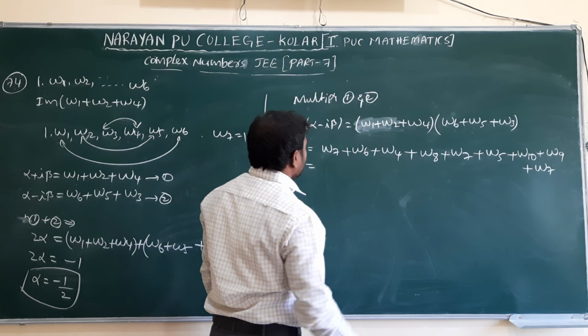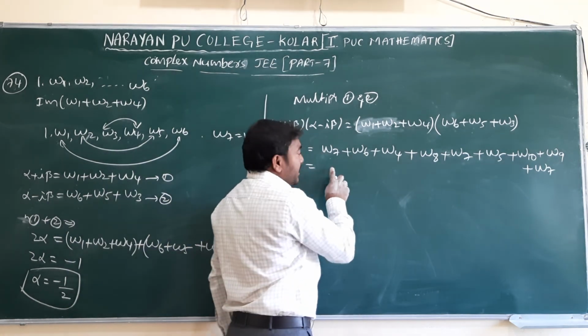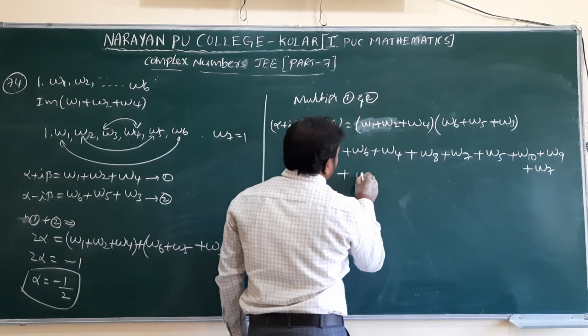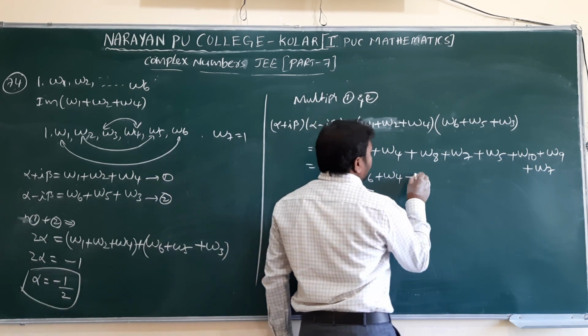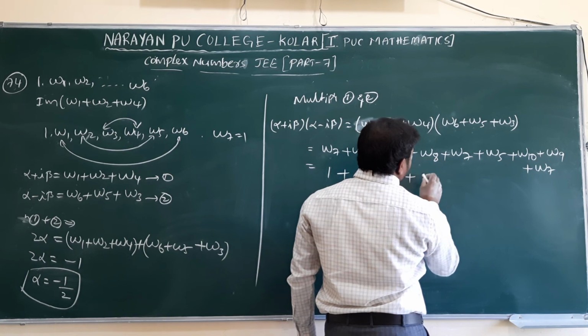Here omega 1 is omega, omega 2 is omega square, omega 4 is omega power 4, and omega 7 value is 1.